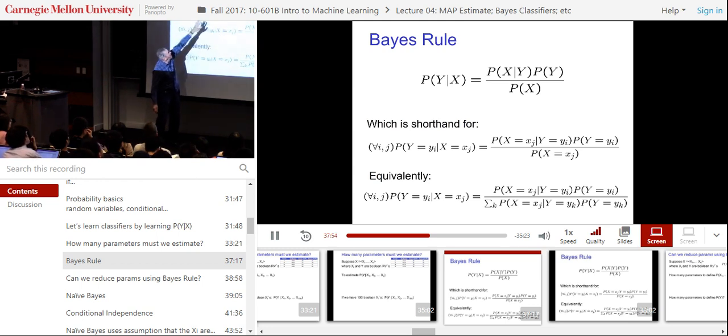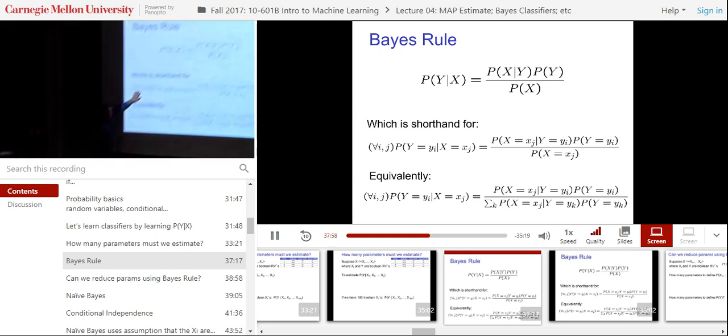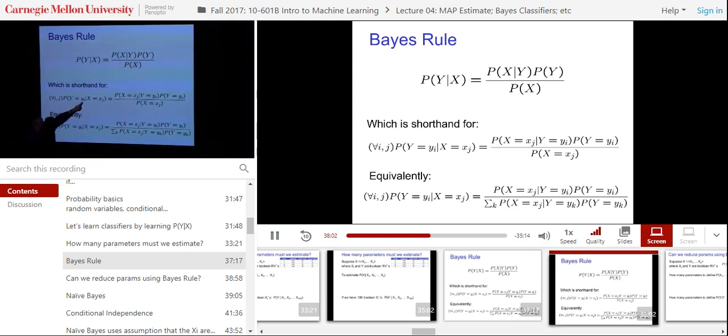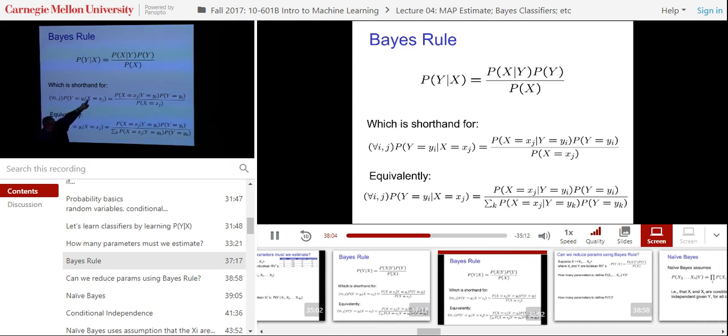When I say the distribution of P of y given x, it means for every possible i and j, the probability that y takes on its ith value, given that x takes on its jth value, is this quantity. And that suddenly demystified for me what this notation really meant. So whenever I see that, I just mentally translate it into this, and now I don't get worried anymore.